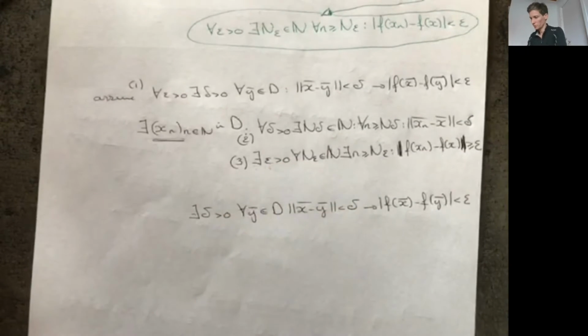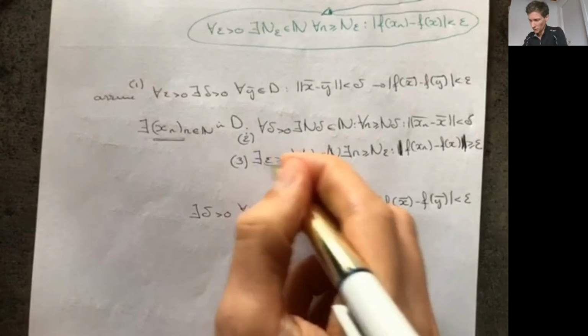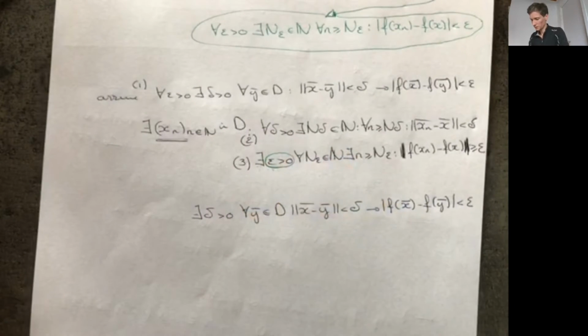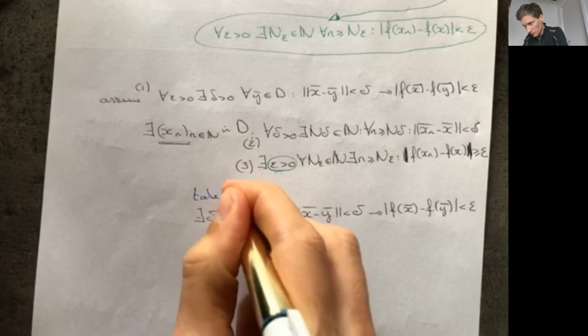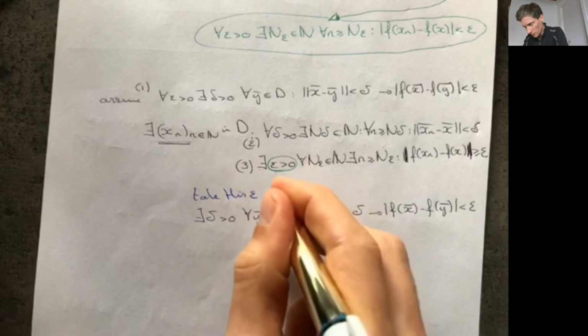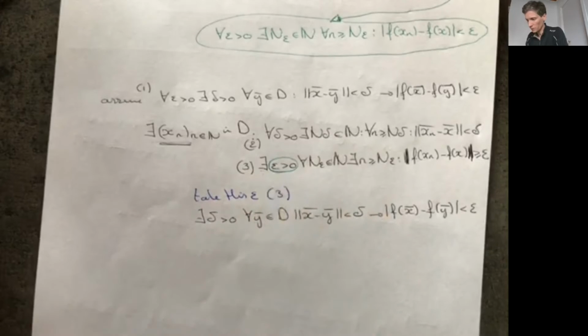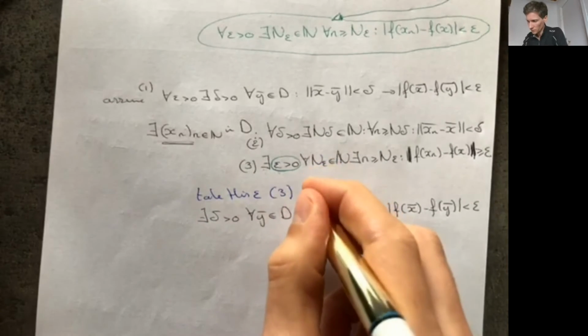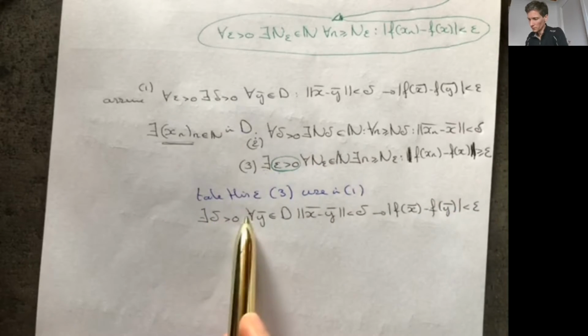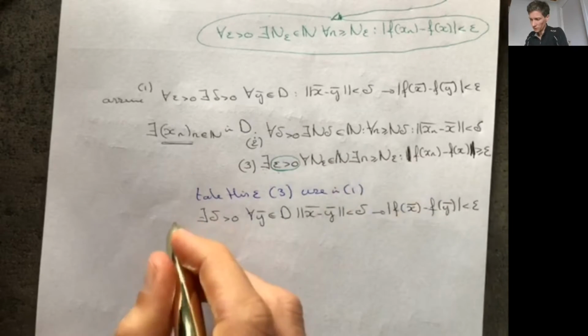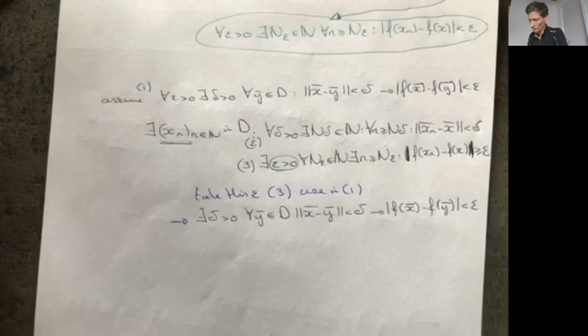This is for this particular epsilon. So we take the epsilon that we have found in 3 and use it in 1, and then we know that there exists a delta that satisfies this.